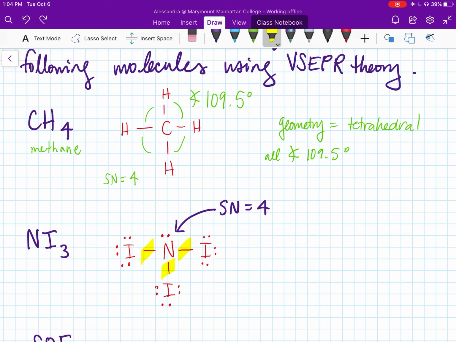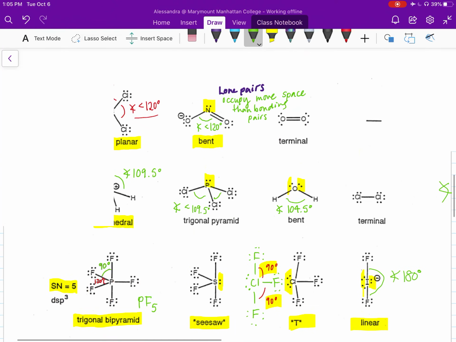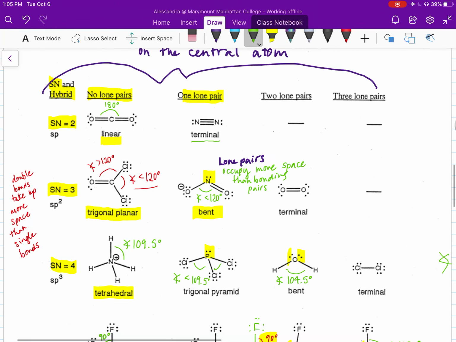So substituent number of 4 with 1 lone pair gives me a special kind of geometry called a trigonal pyramid. And you can see that if you look at the handout, where we're looking for a situation where the substituent number is 4 and I have 1 lone pair.